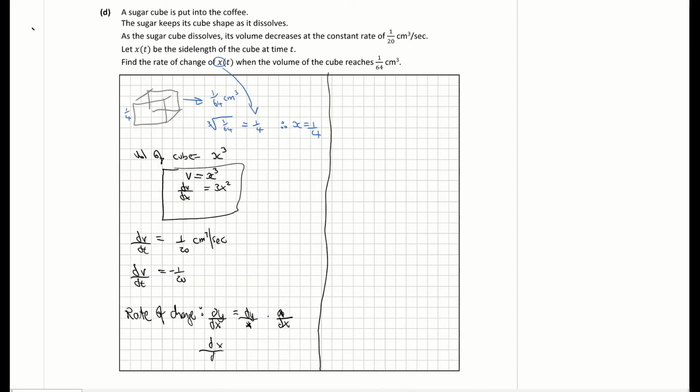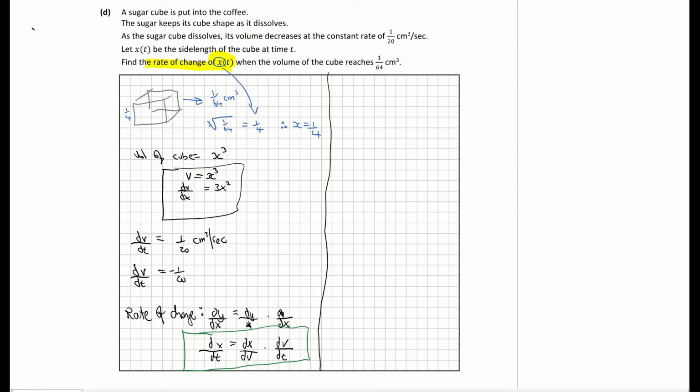That's what we need to find. They're asking us for the rate of change of x of t, because rate of change is the derivative. So instead of dy over dx, it would be dx over my unknown, which is dt, time. So this now is what I need to fill in.